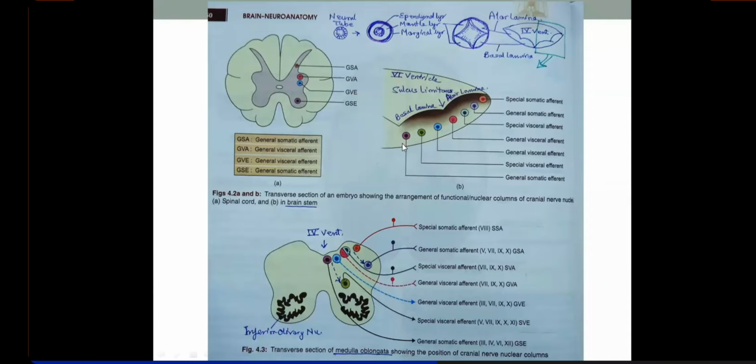So this is how we'll now talk about the different nuclear arrangement in the upper medulla. The same 7 functional columns, you bring them here in the medulla, and imagine the pattern will be the same, right? Now look here, the most medial functional column, as you know, is general somatic efferent. Clear?